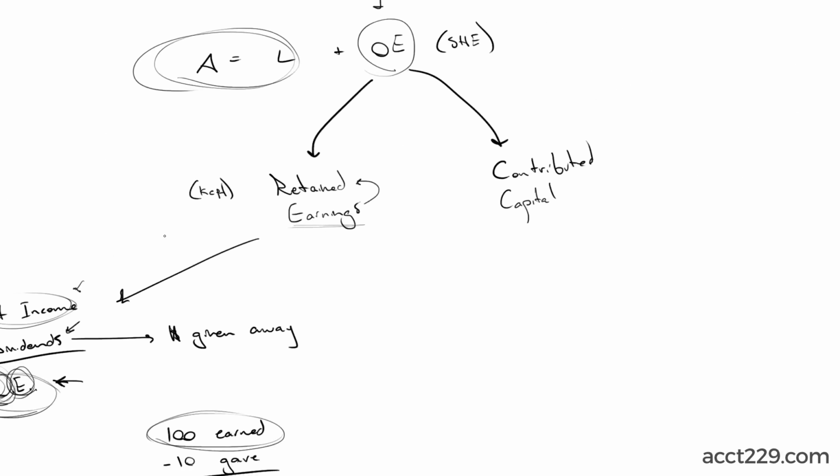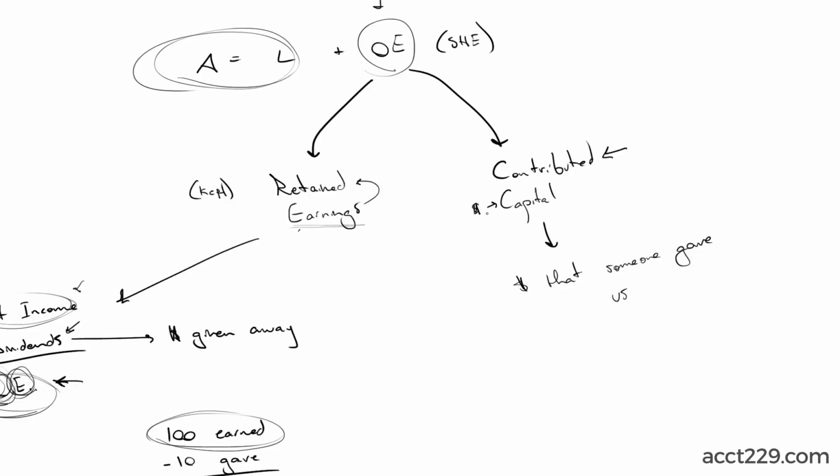What about this contributed capital business? So if you think about retained earnings as money we made and kept, then contributed capital would be money that someone else gave us. So think about contributed capital as money that was given to us.